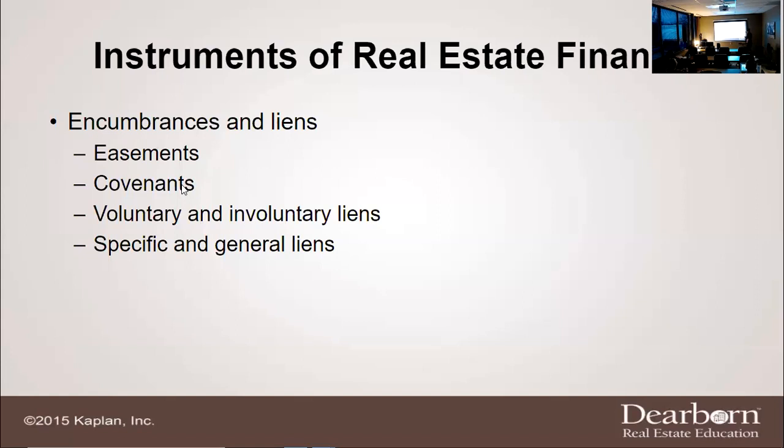A lien in this concept is where it's a debt, okay? So in that particular situation with a lien, you want to make certain by all means that that debt is actually going to end up being paid.